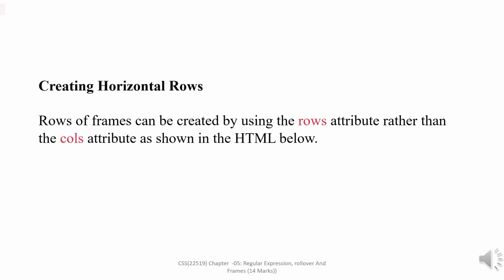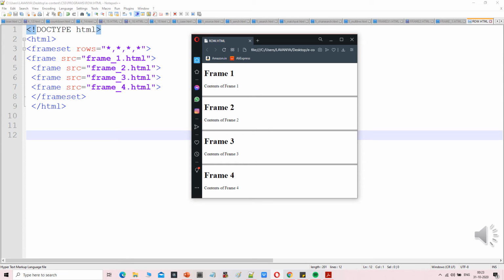We will see one HTML code and identify the difference between the frameset of columns and the frameset of rows. See here, this is the HTML code for columns and rows. So this is the rows.